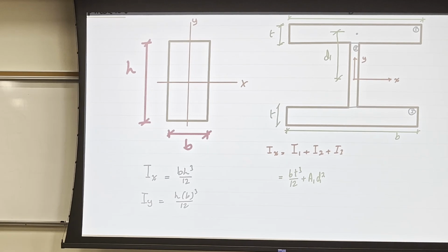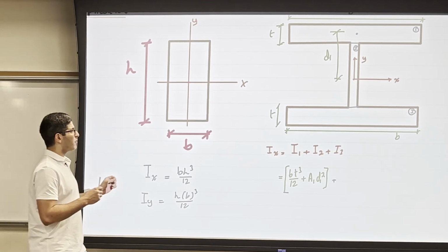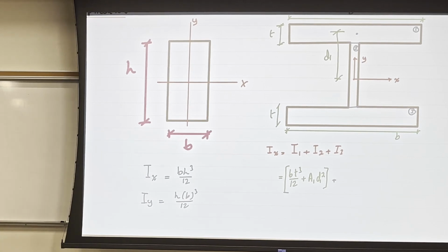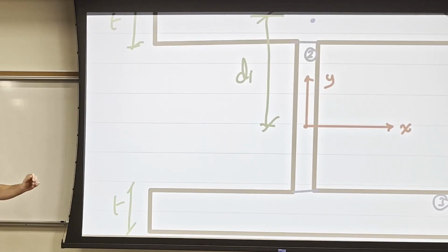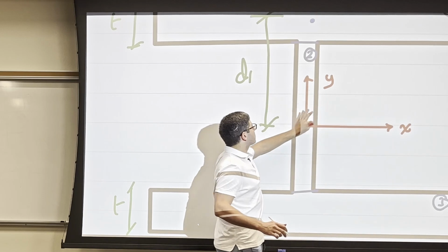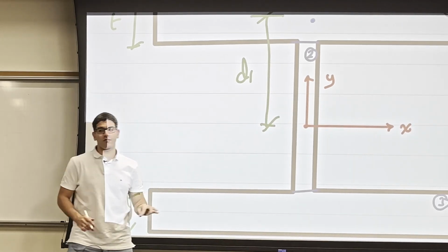Okay? So this is the first term, which is I1. With a different color now, I want to find I2. Notice that the centroid of I2 coincides with the centroid of the whole shape.